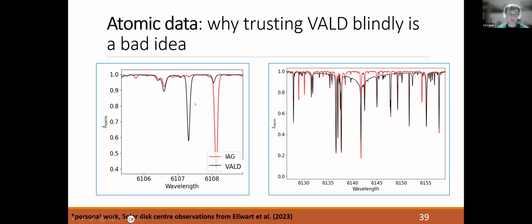You see that there's a VALD line which doesn't show up in the solar spectrum, and there's a solar line which doesn't show up in the VALD spectrum. On the right, there seems to be some spectral line in the VALD line list which has very large broadening parameters, which is really skewing the continuum, which is not observed in the Sun either. So these are things that are not realistic in my eyes and have to be treated with caution.